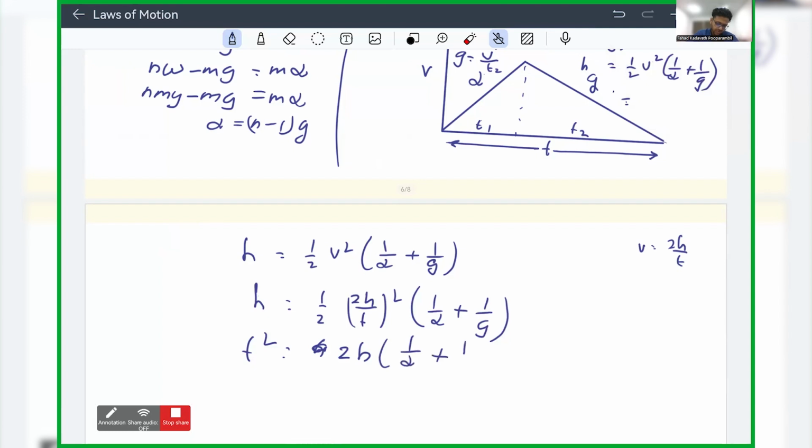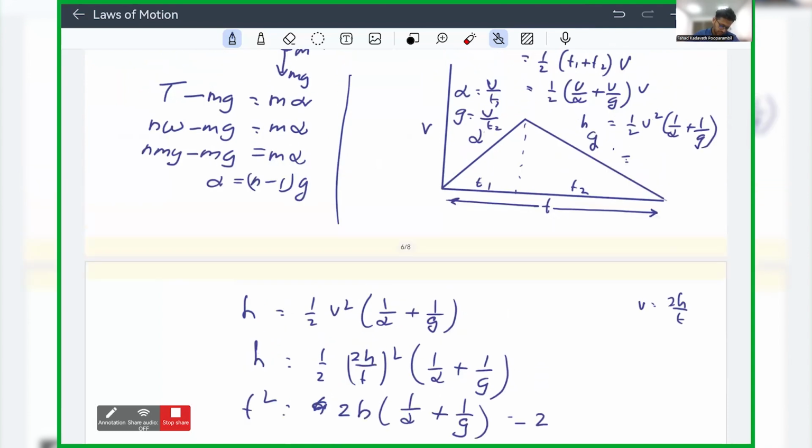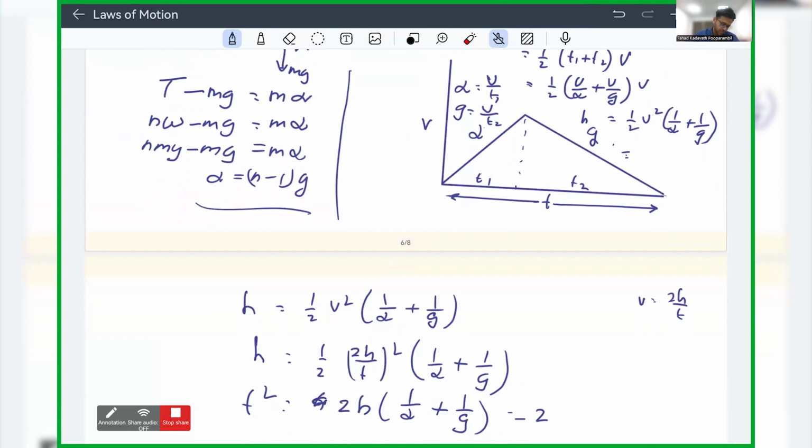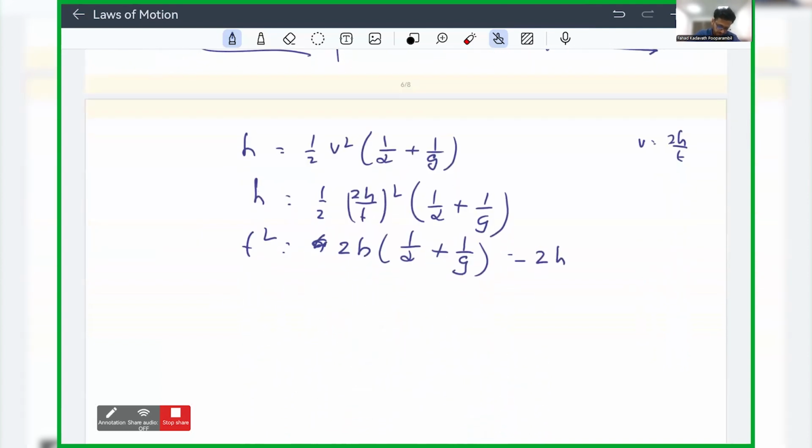Times 1 over alpha plus 1 over g, which we can cross multiply. Or else you can write the value of alpha, which we already know: alpha is equal to n minus 1 times g. So 1 over n minus 1 of g plus 1 over g. Cross multiplying, we'll have ng in the numerator and n minus 1 g square in the denominator. So t square is 2h ng over n minus 1 g square.